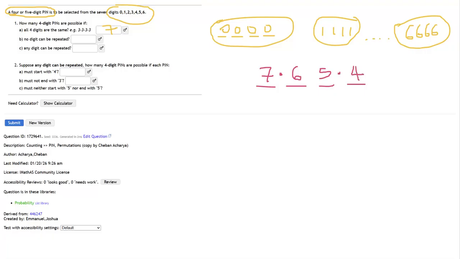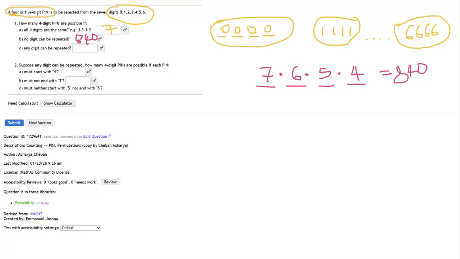If you multiply 7, 6, 5, 4, the answer is 840. So you can make 840 different pins using those 7 digits without repeating a digit.